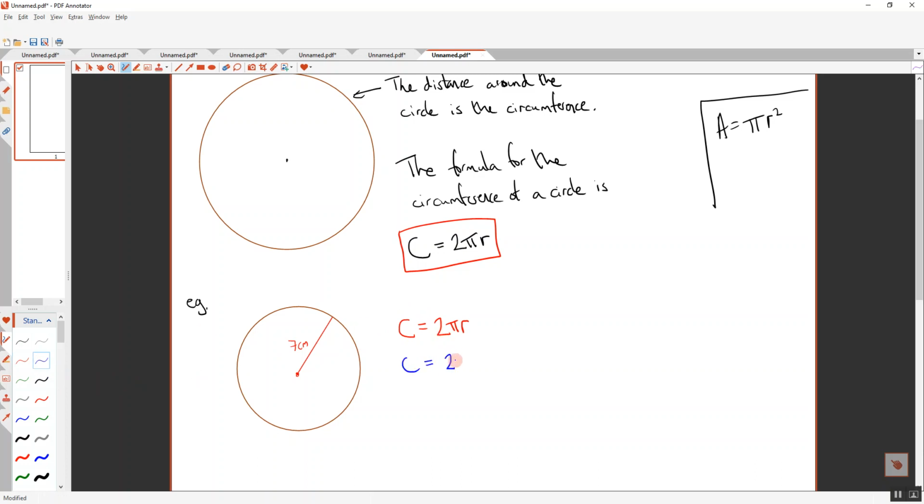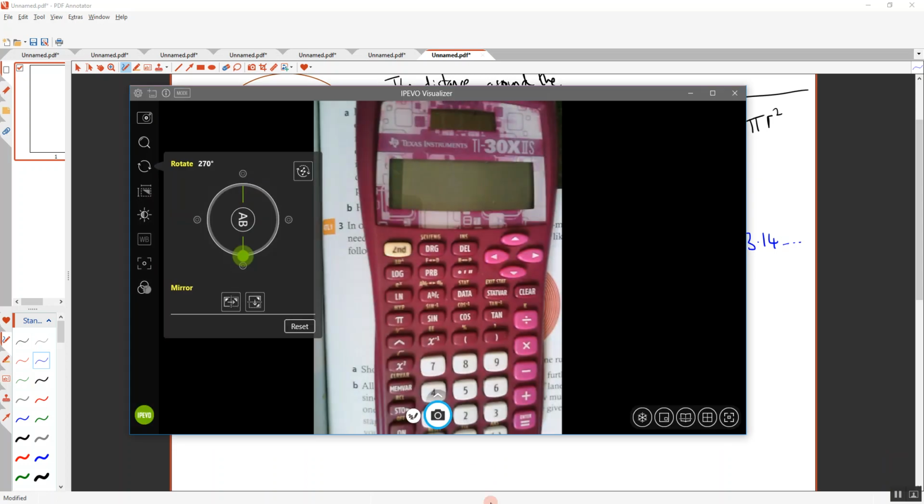So C equals 2 times pi. Remember, pi is just a number, equal to 3.14, and it goes on forever. Our radius in this question is 7. So this is just what we put straight into the calculator.